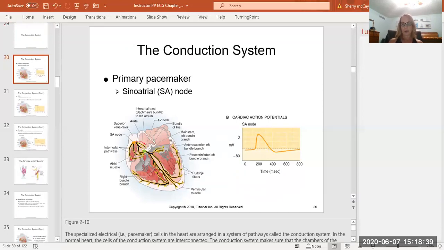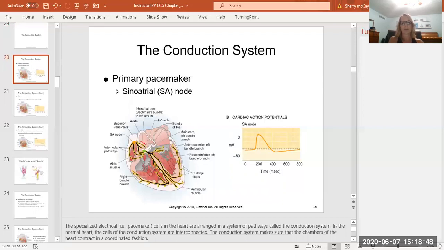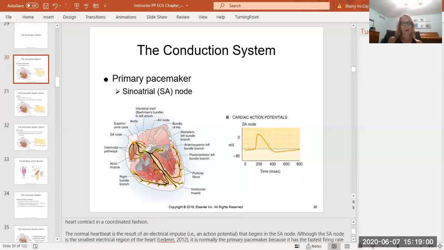In the normal heart, the cells of the conduction system are interconnected. The conduction system makes sure that the chambers of the heart contract in a coordinated fashion. The normal heartbeat is the result of an electrical impulse that begins in the SA node.